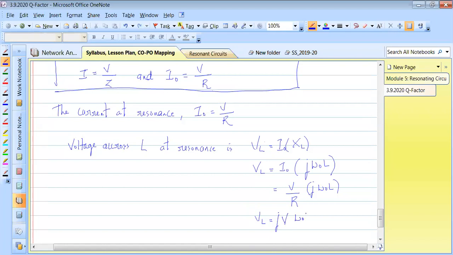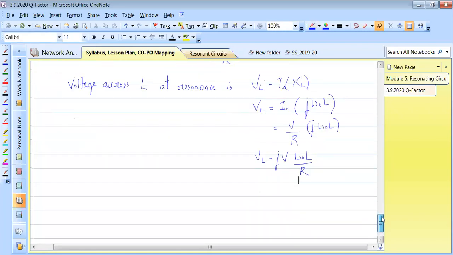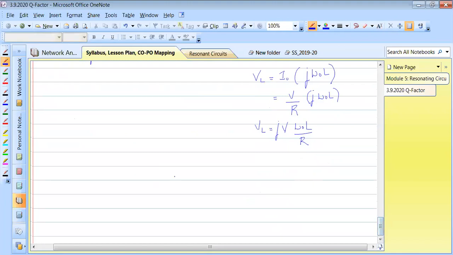And what is remaining? It is omega naught L by R, which is the quality factor at resonance. Understand that? So VL is equal to J V into Q naught. This is one expression that I wanted you to obtain, since omega naught L by R is equal to Q naught.